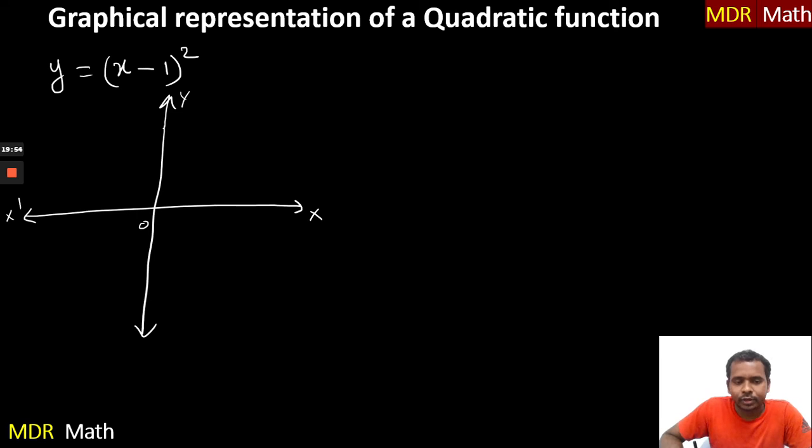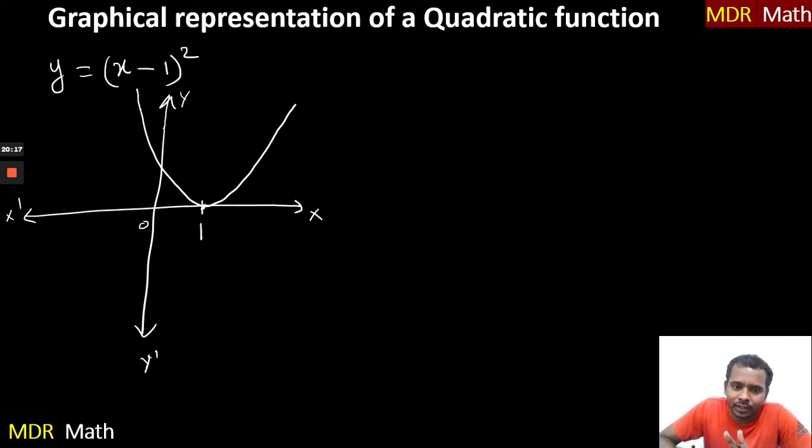Of course it is a parabolic shape, and here the x square coefficient is positive, so it faces upwards, and at x is equal to 1, your y is 0. That means at 1, this curve touches the x-axis. That means the vertex of this curve has coordinates 1, 0.